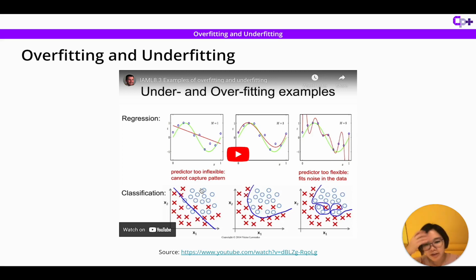Classification, the first one is underfitting. This one line doesn't separate my two classes at all. The middle one is nicely fitted, where yes, there are some misclassified points, but those are outliers, right? We don't want to go too detailed or too strict in order to classify everything completely.